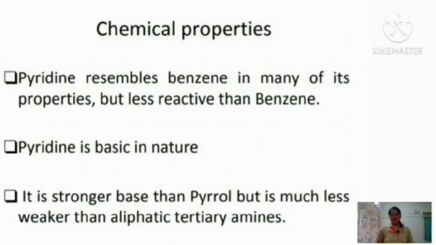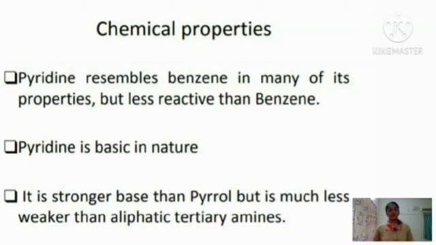Again, when we look at the basic character of pyridine compared with pyrrole, we find that pyridine is a stronger base than pyrrole. This is because pyridine has a nitrogen atom with an unshared pair of electrons. That means there is an availability of the lone pair, which helps in protonation. That is why pyridine becomes more basic.